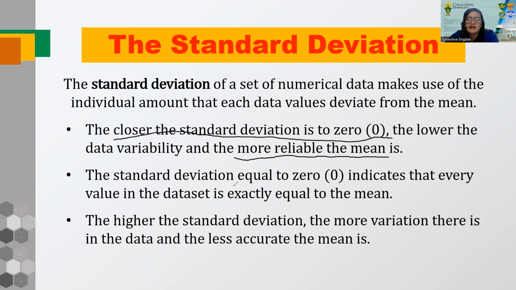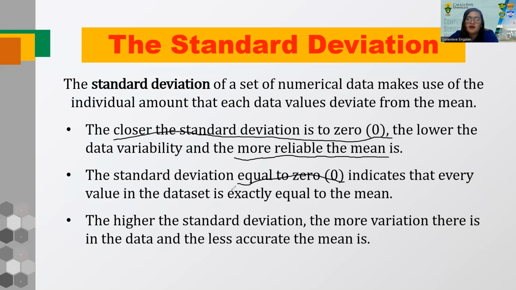Pag imuhang standard deviation is equal to 0, unsay pasabot na? Deviations kay kalayoon sa atong mean. So kung mo 0 atong standard deviation, tanan values is equal lang. So pasabot tanan data values nimo is exactly equal to the mean. So for example, your grade sa math is 90, 90, 90 and 90.